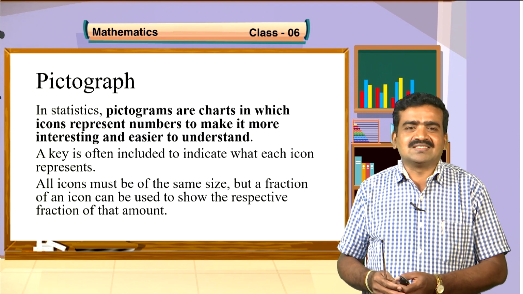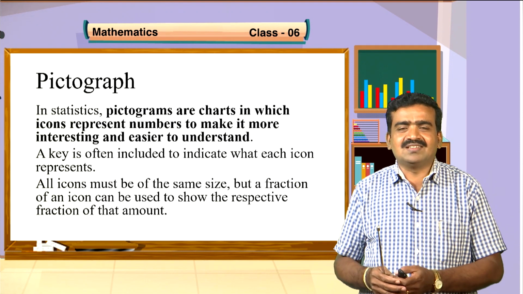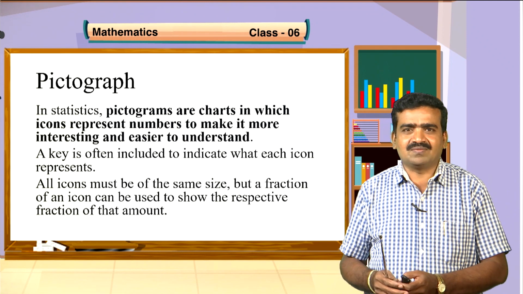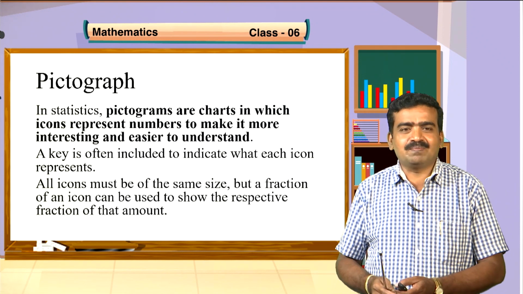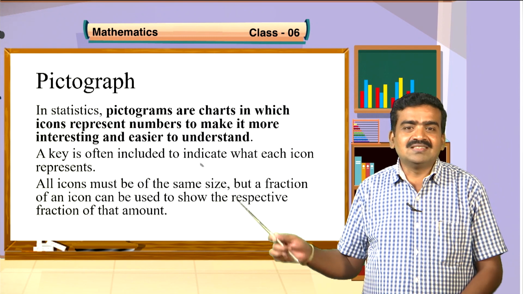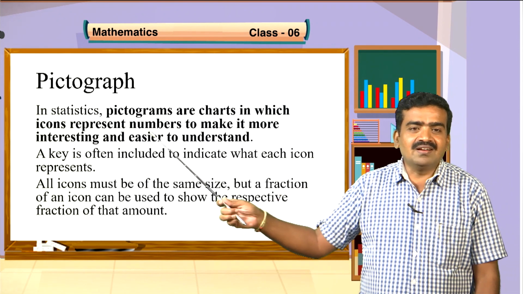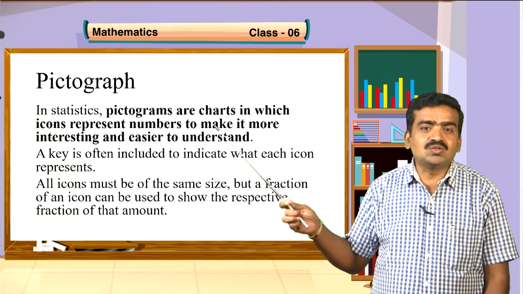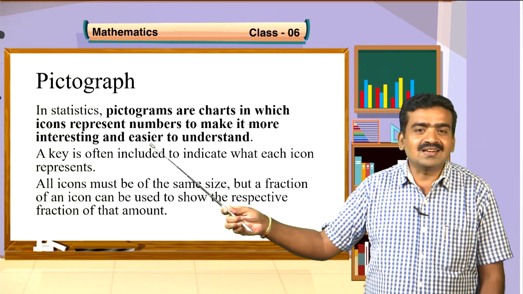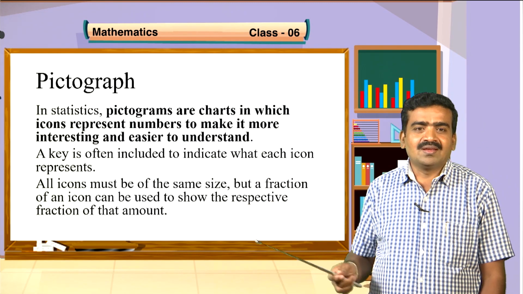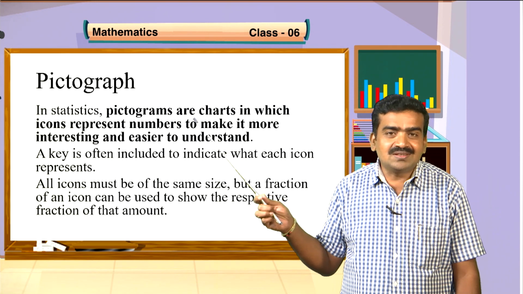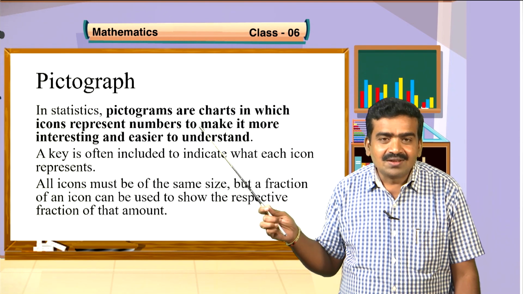Pictograph is a systematic way of representation of data. In statistics, pictograms are charts in which icons represent numbers to make it more interesting and easier to understand. So, we are going to use pictures to represent the data. Why?